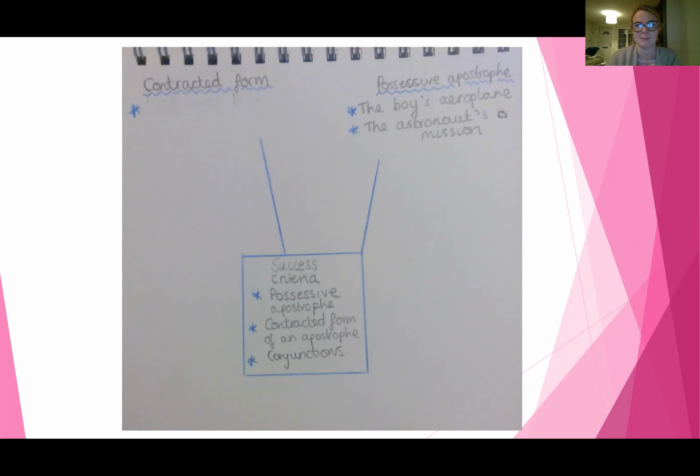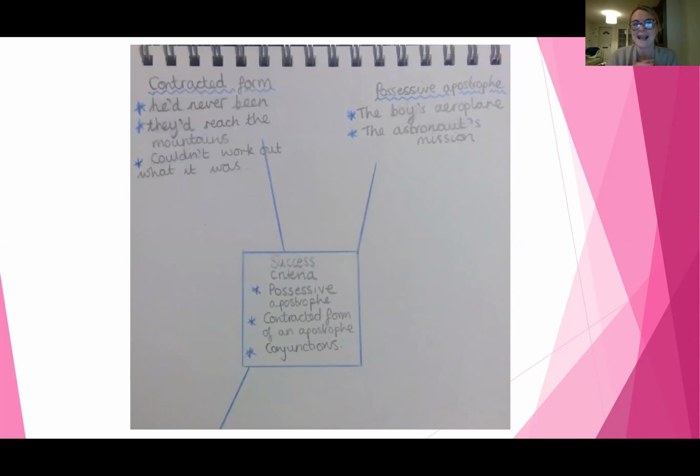So my examples from my story were, I wrote he'd never been, he and had shortened together to make he'd. They'd reach the mountains, they and had, put them together to make they'd.